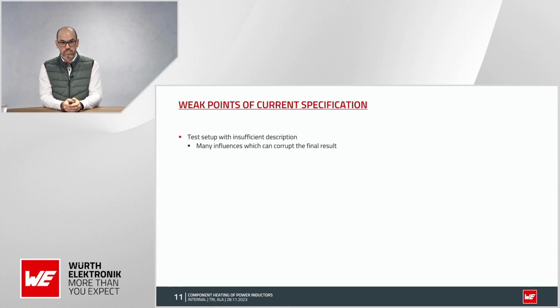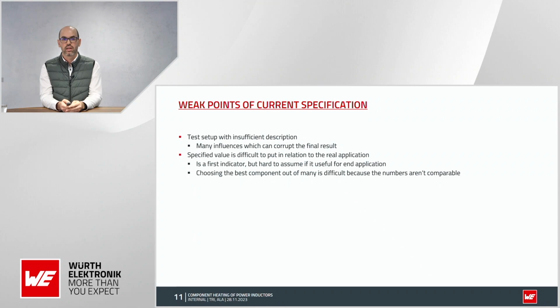The test setup has insufficient descriptions, so we know some information but not all of it. This means many things can have an influence on the result of the value. And also it's very hard to put the specified values in relation to each other. Like mentioned, I want to start to build a new application. I want to have the best efficiency. I want to have the coolest application possible.